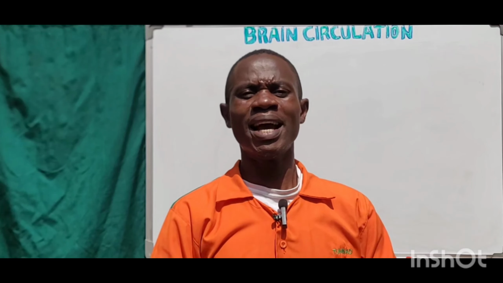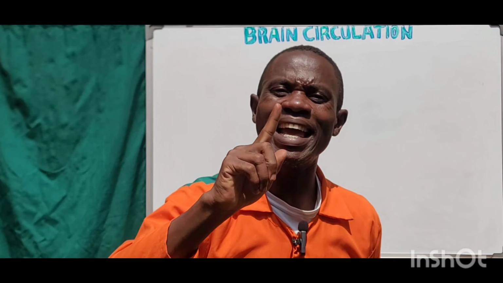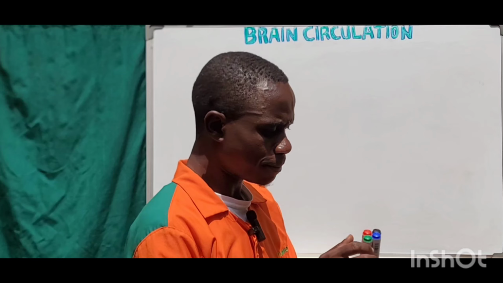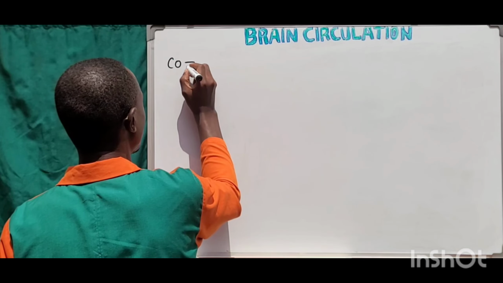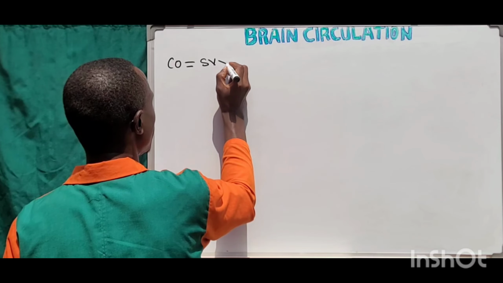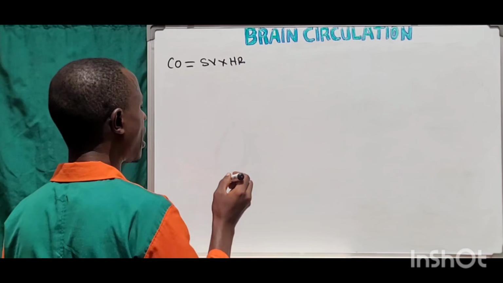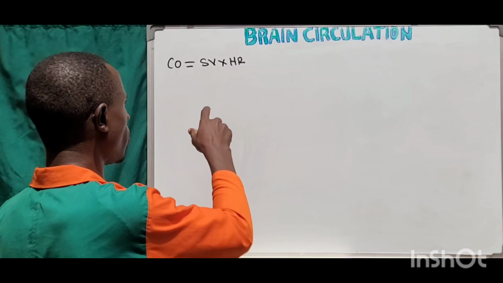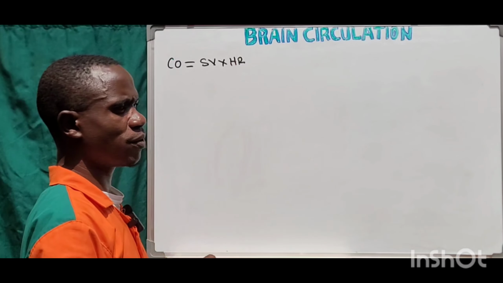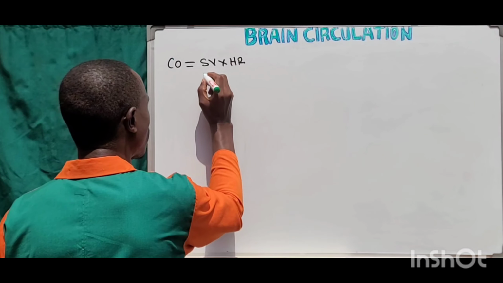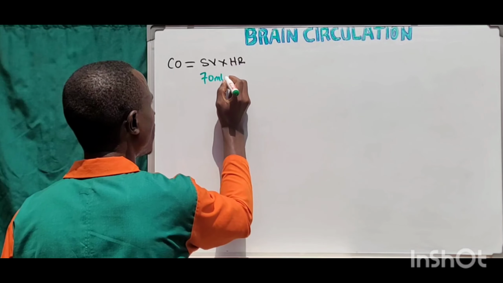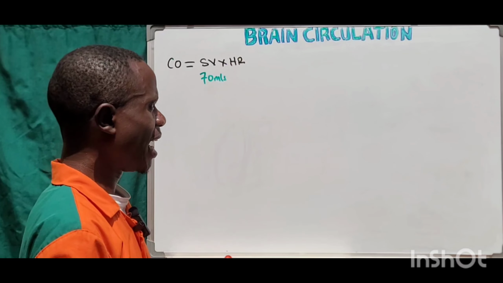Now, the question is, how much blood goes to the brain in every single minute which passes? We know that cardiac output is stroke volume times heart rate. The stroke volume is the volume of blood pushed out of the heart every beat, and it is generally close to around 70 mils every beat.